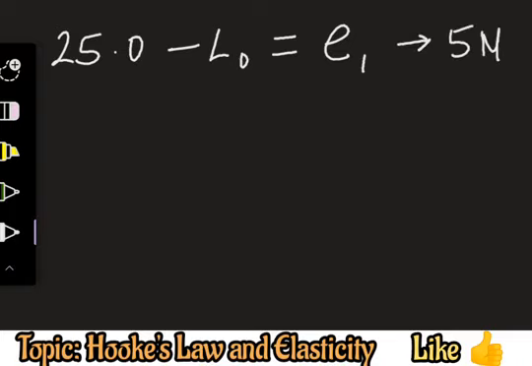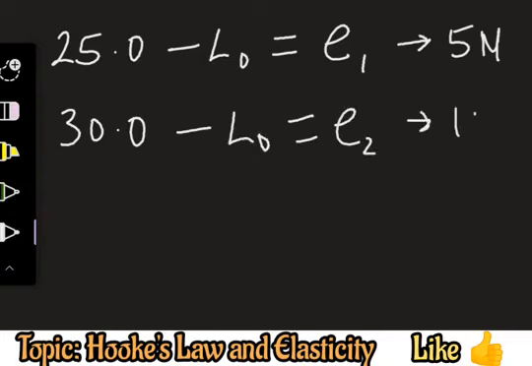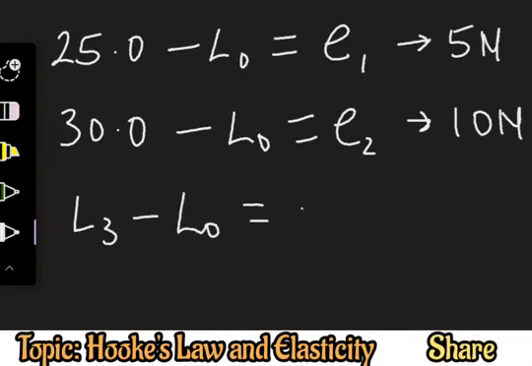Please make sure you follow it, so you don't miss it. Now the second extension, which is going to be the difference between 30 cm and the original length as well, is that which is as a result of the 10 Newton force. And then the third extension will be as a result of the new 2 Newton force, which we are now asked to evaluate the length for, right?